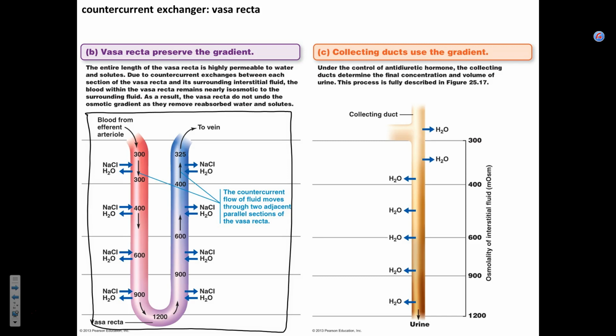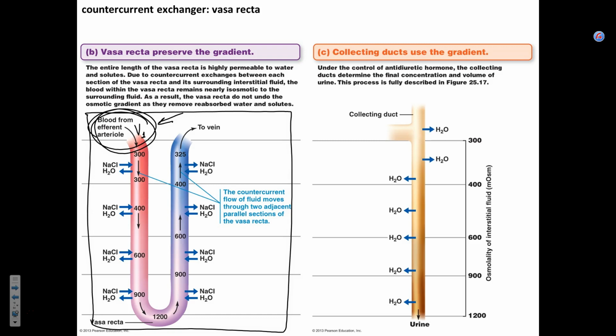Now I'm going to ask you a hard question. Look at the picture. This end of the vasa recta starts from the efferent arteriole that leaves the glomerulus. You with me so far? The volume of blood at this point is V1.